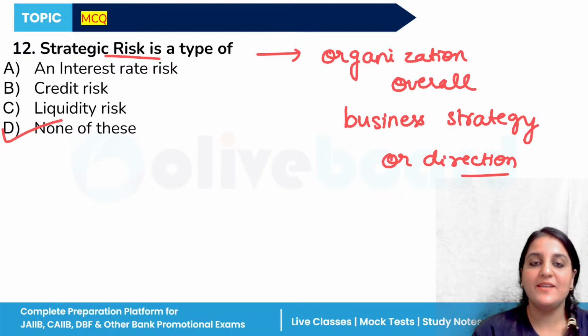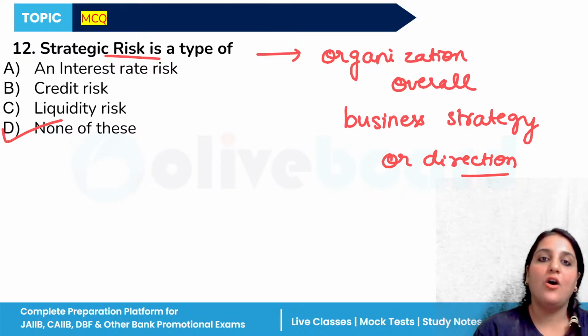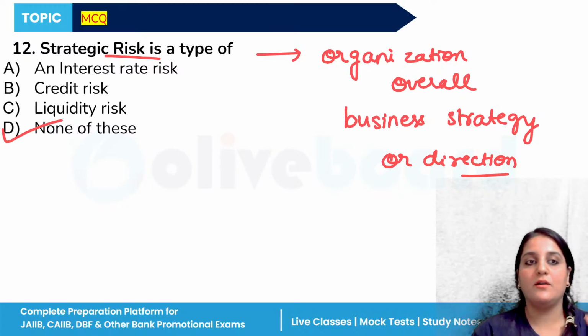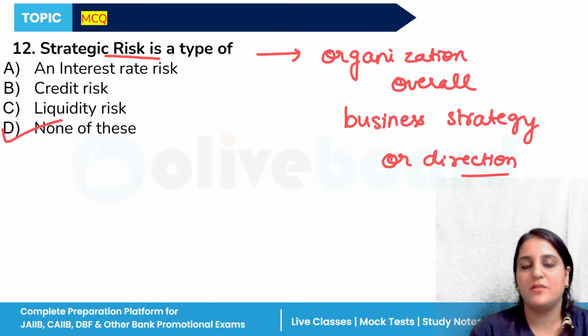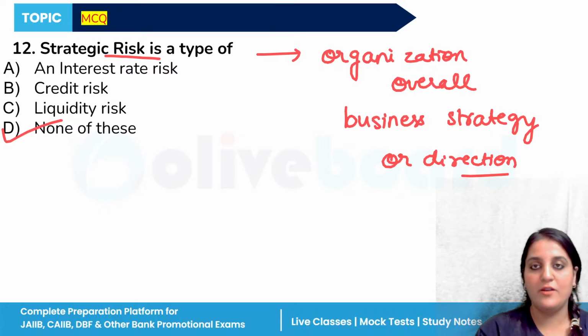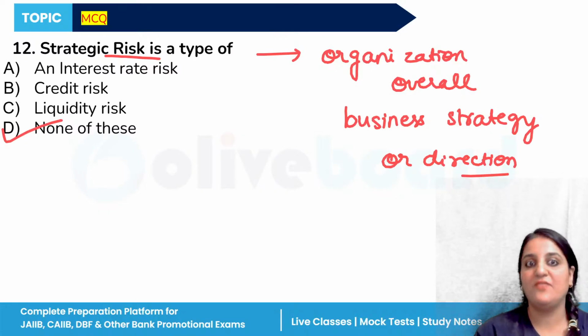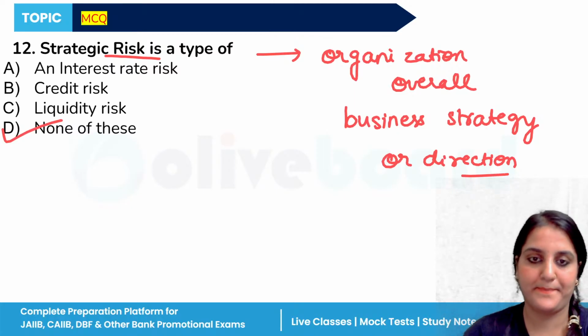So those can be the example: policies and procedures made by organizations to be stable in the market, to become competitive with other organizations or institutions. If there is any default in those policies or procedures, that will be the risk for that organization, like wrong decisions.